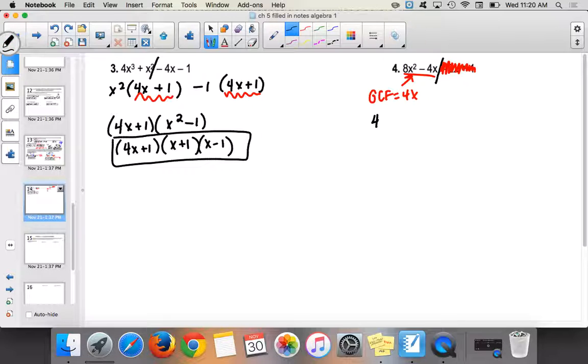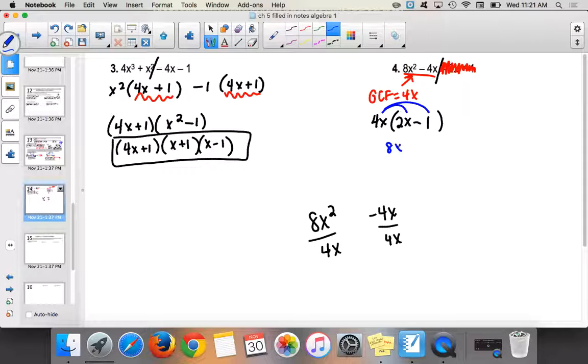So I'm going to have a 4x, and then inside parentheses what I need in order to get 8x squared minus 4x. If I had 8x squared and I divide by 4x, I'm left with 2x. And if I have negative 4x and I divide by 4x, what do I have? Negative 1. Do you guys see that? And you can check, if you multiply back in, 4x times 2x is 8x squared. 4x times negative 1 is negative 4x. Okay, so we have it.